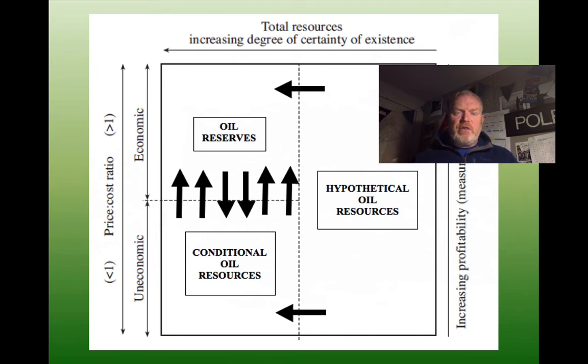Now you'll see on the diagram there are lots of different arrows that I've drawn on this. These arrows represent how materials could go from one part of this model to another. You'll see at the bottom of page 22 there's a list of things that would move a resource from one to another.